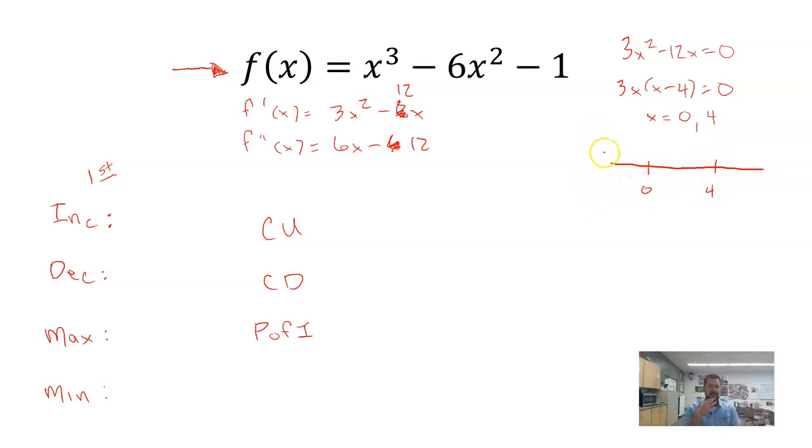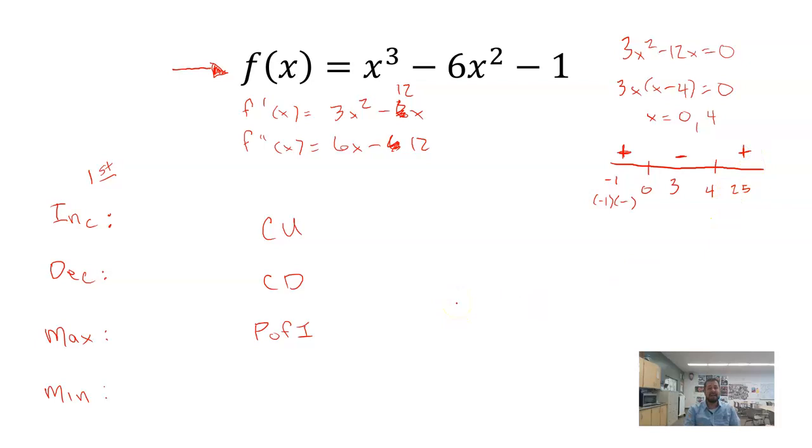A number smaller than 0, like negative 1, gives a negative number times a negative number, which is a positive number. Then, in the interest of time, if I chose 3, I would get a negative number. If I choose a number bigger than 4, like 25, I would get a positive number.